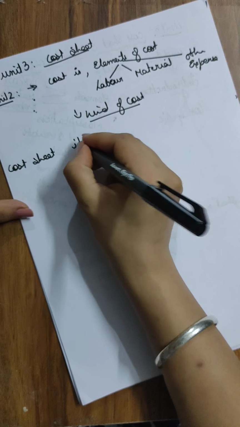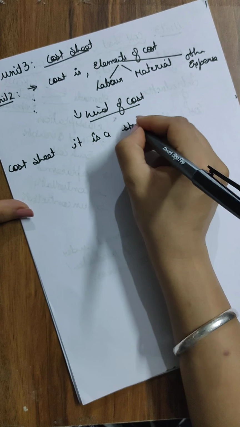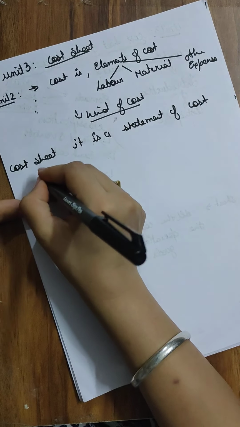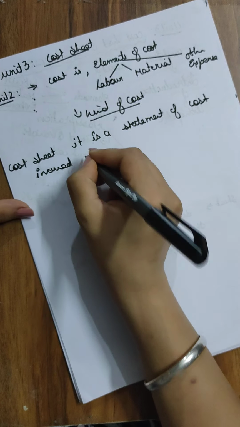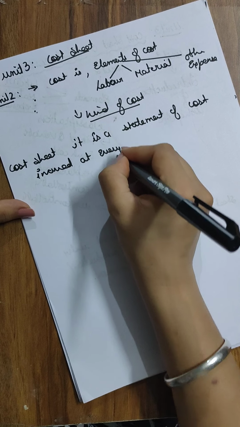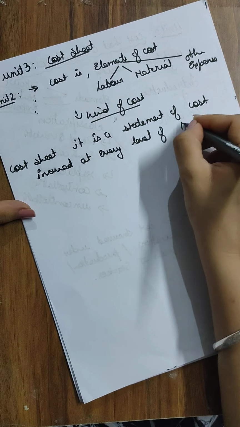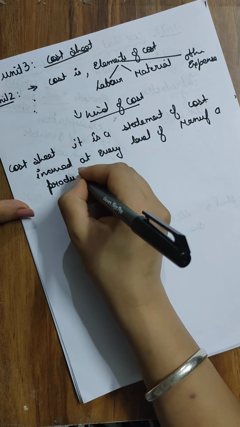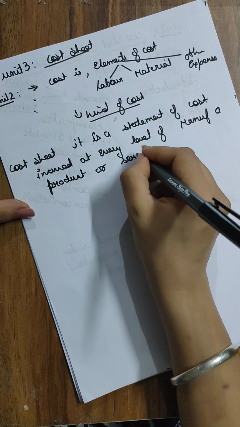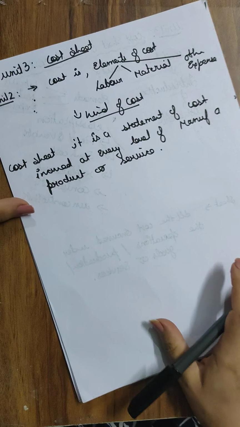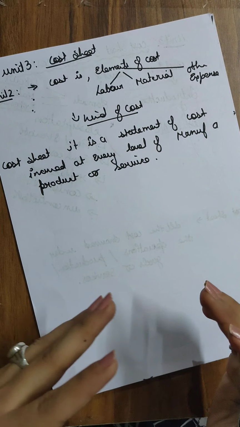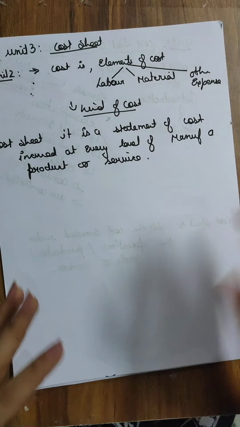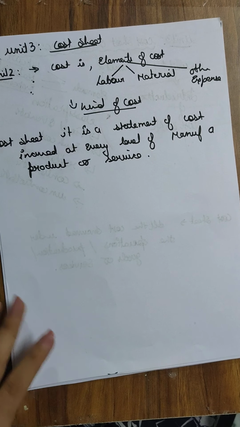Cost sheet, it is a statement of cost incurred at every level of manufacturing a product or service. This is what the cost sheet is. So cost sheet is a statement that is showing us the increasing of the cost at the different levels of manufacturing of a product and services.